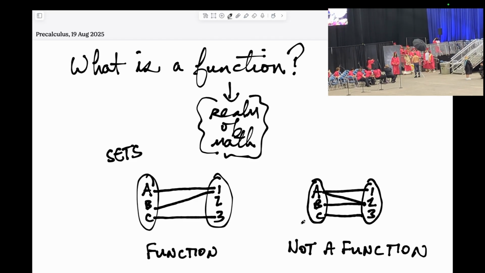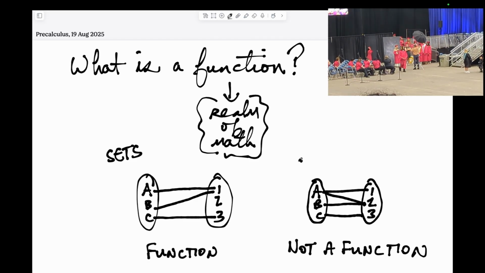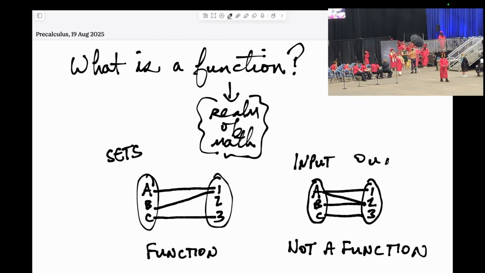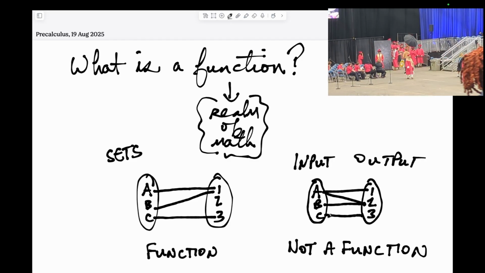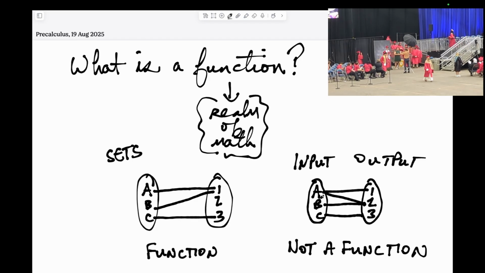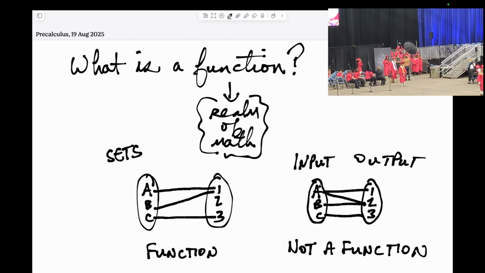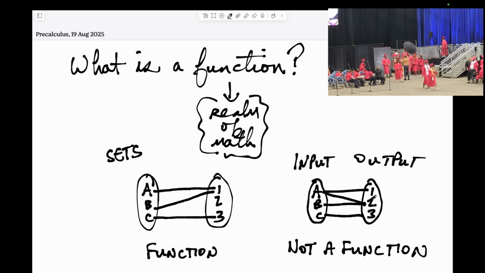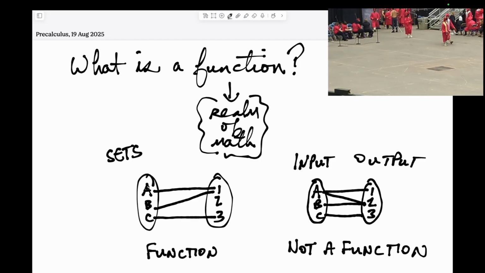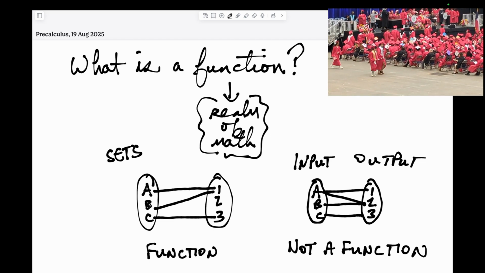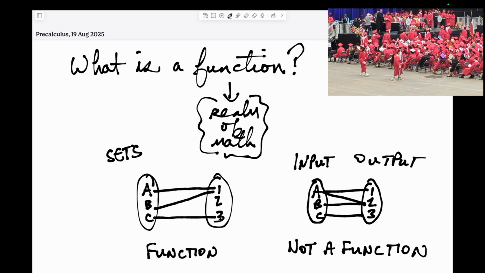We could also consider input and output. And so what is not a function is with one input I have two outputs. Really anything more than one. As long as I have an input and one output, that's fine. Even two different inputs can go to the same output.